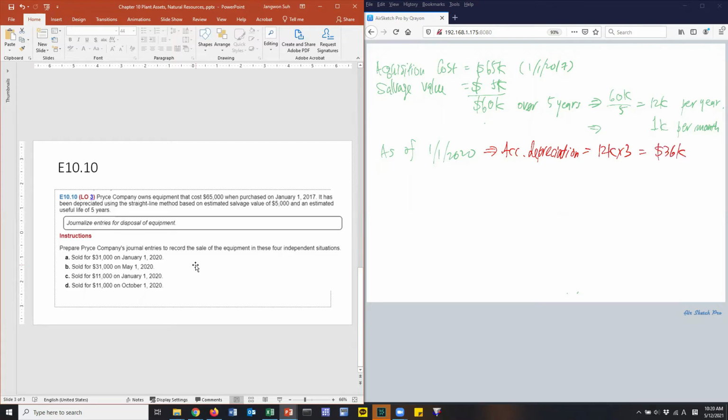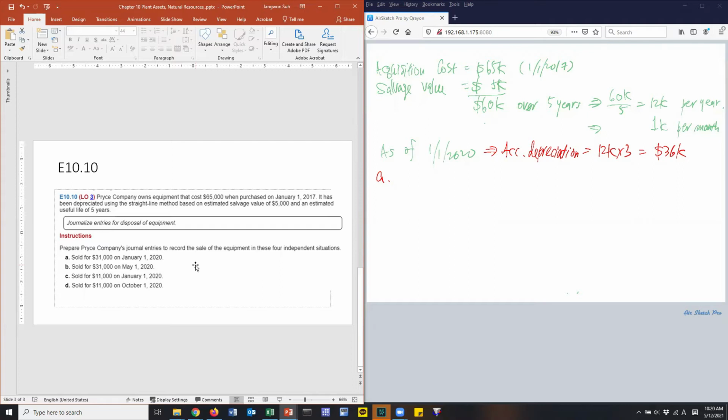Right? And then your journal entry must be, again, you are giving up your equipment. And I told you that accumulated depreciation is always the string attached to the equipment. Accumulated depreciation's normal balance is credit side, which is the other side of your equipment.